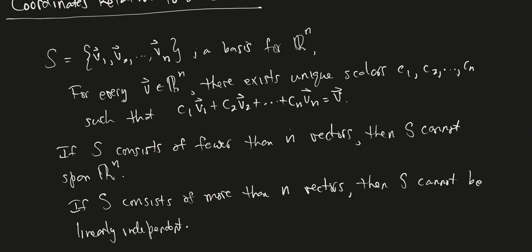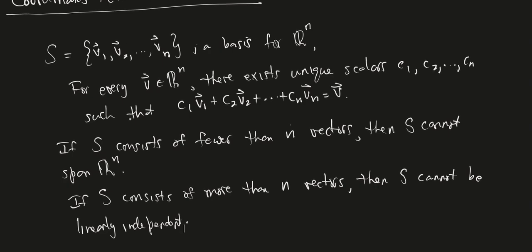So when we have just the right amount, we're guaranteed a unique solution, so there's only one set of scalars that will satisfy this requirement for the linear combination. It is these specific scalars that we're going to talk about in this video. In fact, these scalars are what we refer to as the coordinates of v relative to this basis, right?